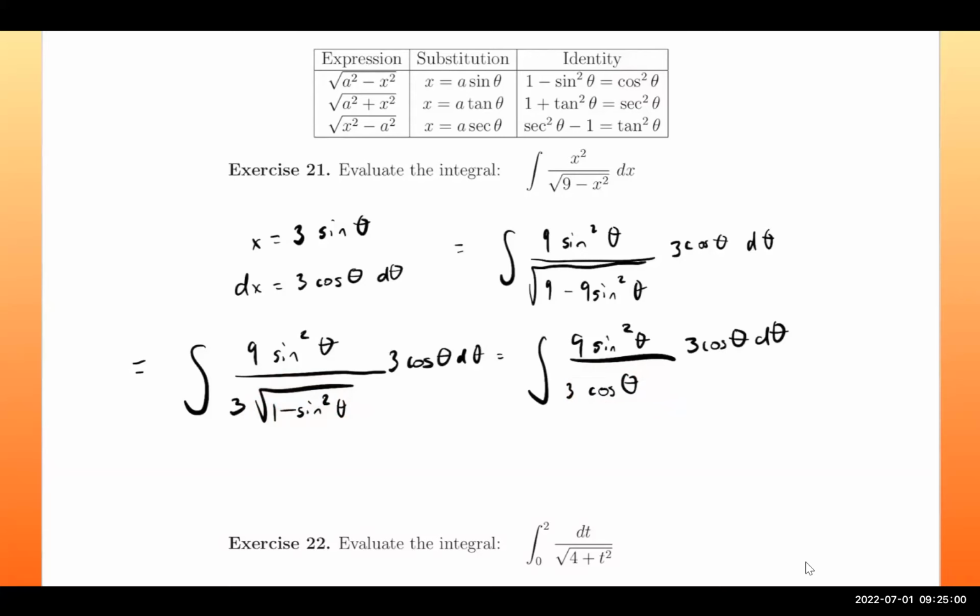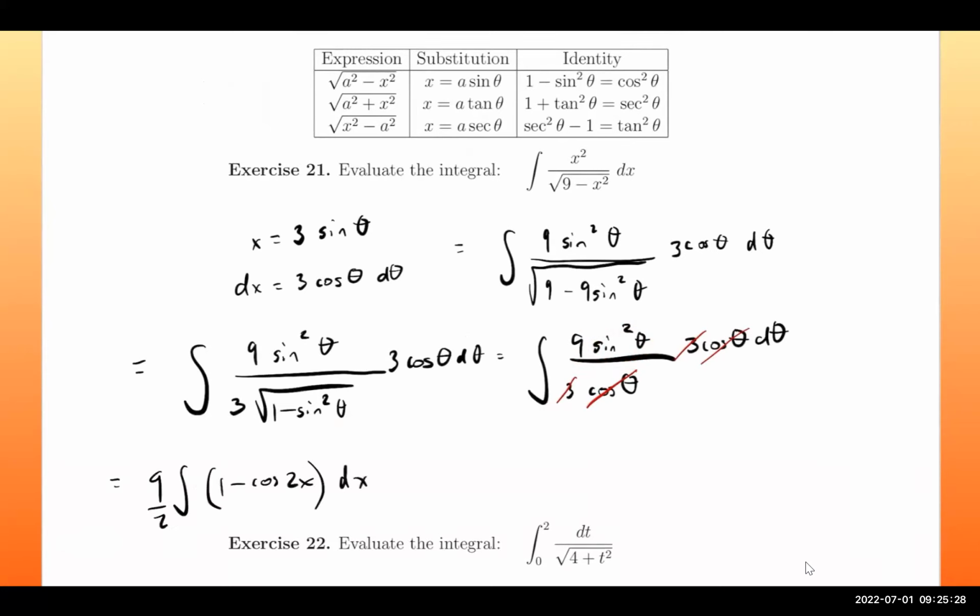All right, and now we can do some cancellation. 3 cosine over cosine. And now we have 9 sine squared. The 9 can be written outside of the integral. Sine squared can be written as 1 minus cosine 2 theta, 1/2 times that. So the 1/2, I'm just going to move out to the front of the integral.